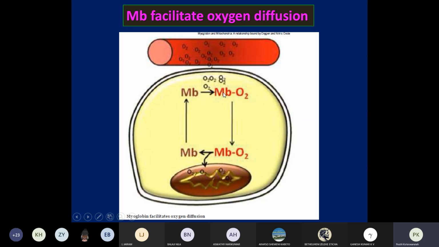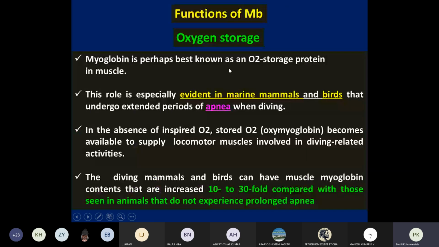This oxymyoglobin again carries the oxygen from near the sarcolemma to the mitochondria for respiration, and this oxygen is utilized for aerobic metabolism, because oxygen is the terminal electron acceptor in the electron transport chain for the synthesis of ATP. And then this deoxymyoglobin again moves back to the sarcolemma, and again takes up the oxygen released by the hemoglobin there, and stores it in the form of oxymyoglobin. So that means it has the storage function.